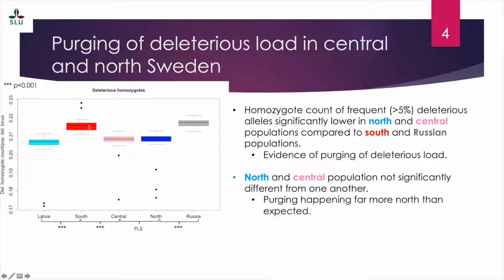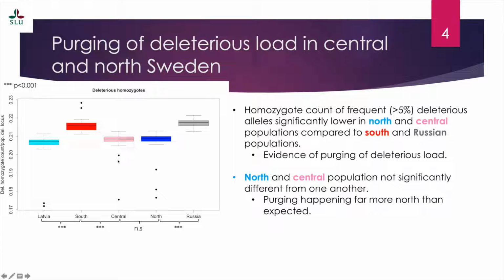As we can see, the central population has significantly lower deleterious load than the South population. And similarly, the North population has significantly lower deleterious load than the Russian population. However, the Central and the North population are not significantly different.